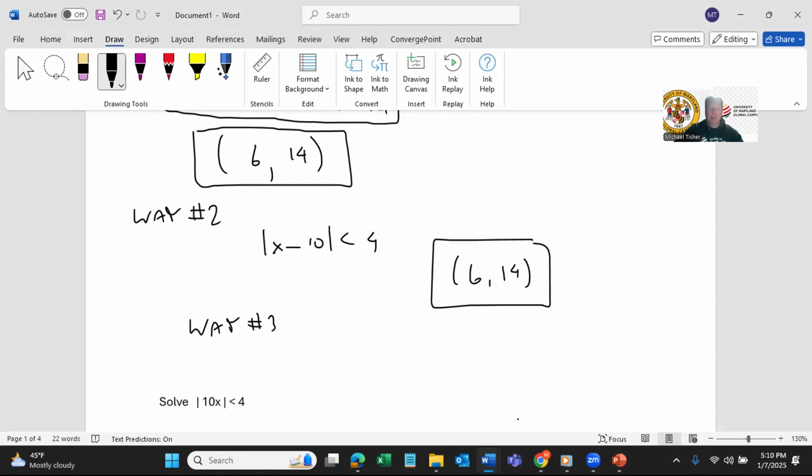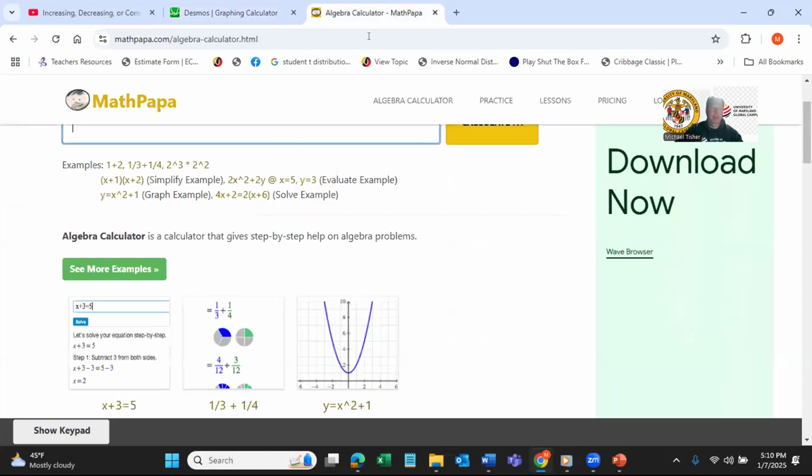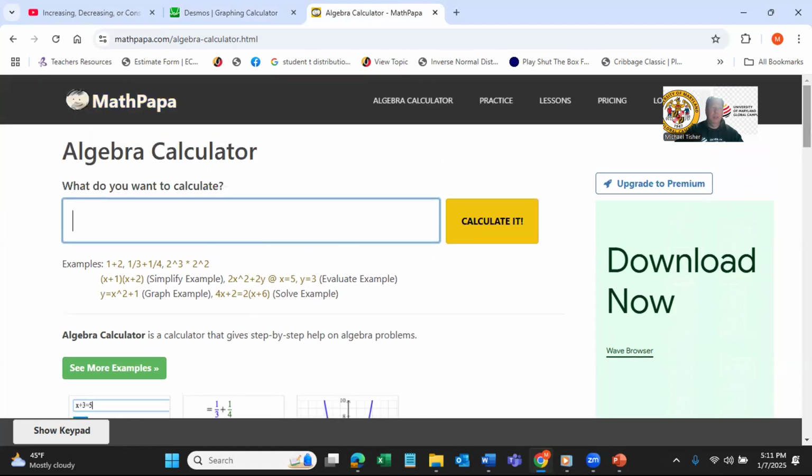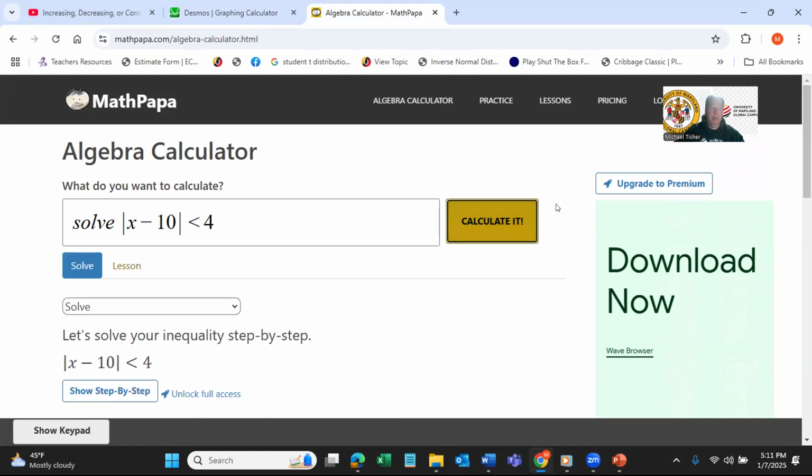Way number 3, we're going to use mathpapa.com. Here it is right here. So let's type in solve, absolute value of x minus 10 less than 4. And let's calculate it. And let's see step by step.